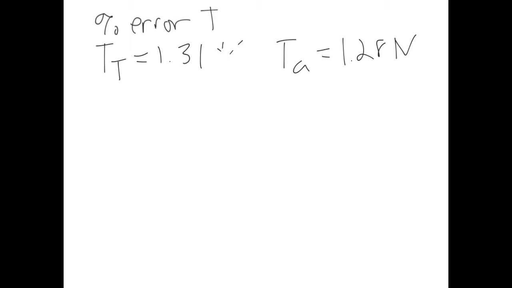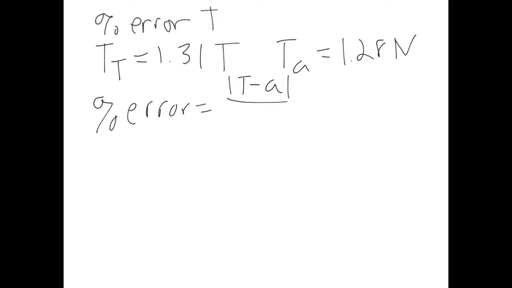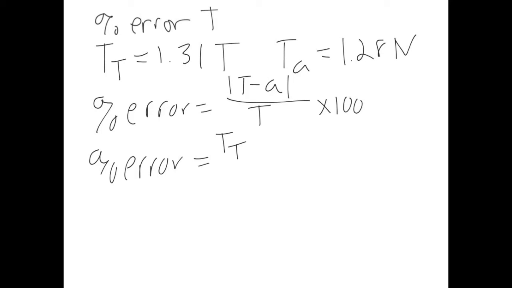So what we're going to do now is take our percent error formula. Our percent error formula is the absolute value of the theoretical minus the experimental or actual value over the theoretical value times 100. So here, our percent error is going to be TT minus TA in absolute value over TT times 100.